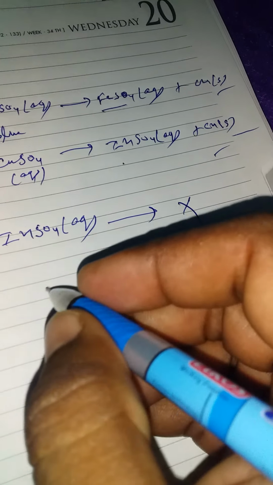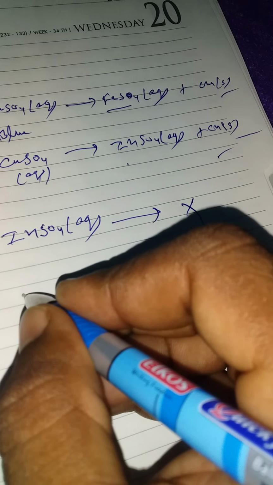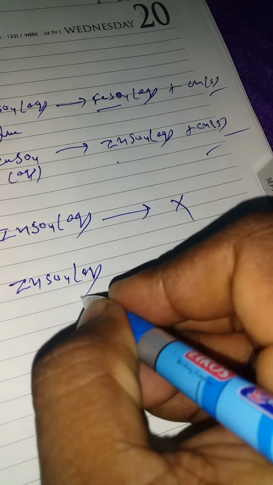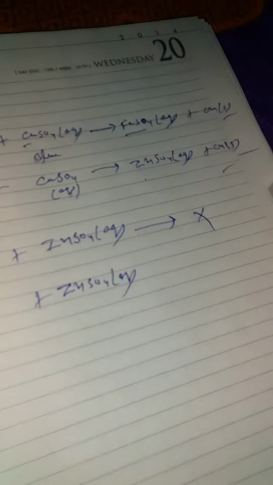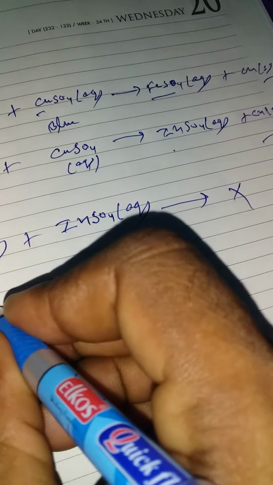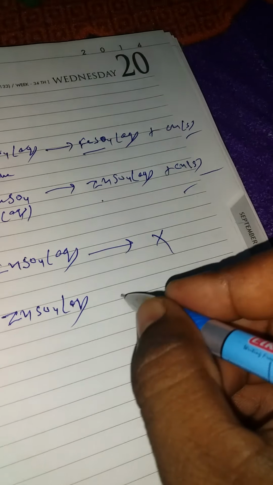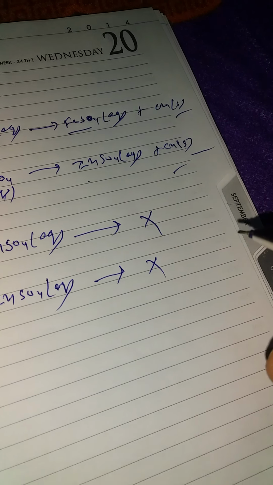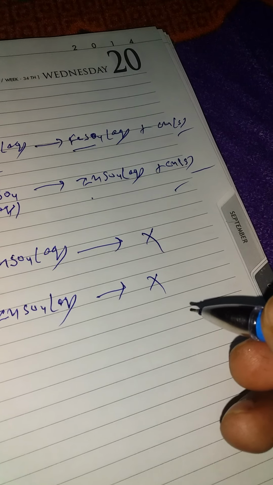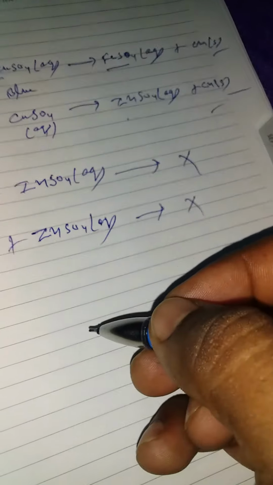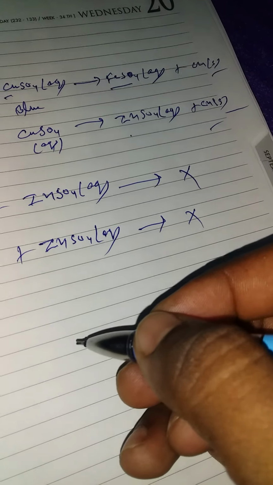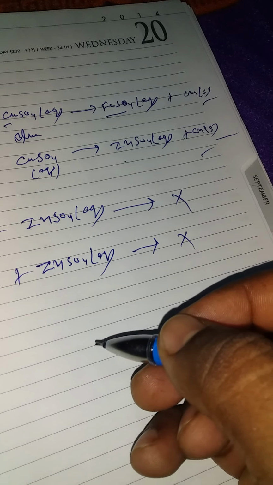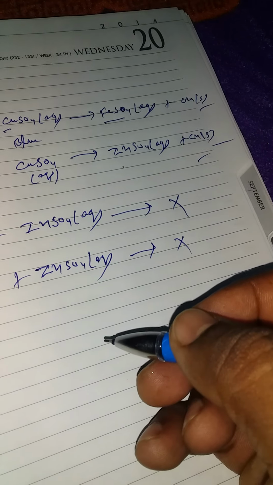Another example: ZnSO4 aqueous, when lead is added into the solution, displacement also does not take place. That's why we need a series by which we can know which metal is more reactive or less reactive.